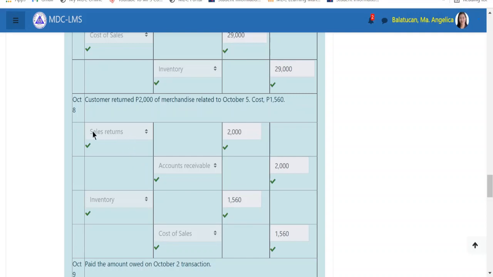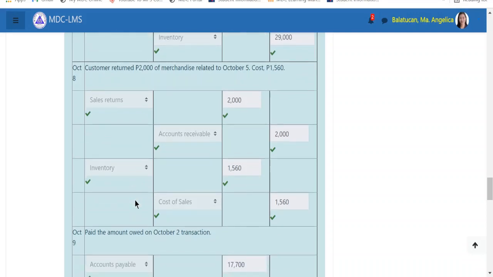So sales returns, again, since we are the seller here, it's a sales return, and credit accounts receivable. And again, if there is a return by our customers, not our returns, but the return of our customers, we need to record additional entry to reverse the cost of sales by the amount of the cost of the merchandise returned by the customer. So, debit inventory.